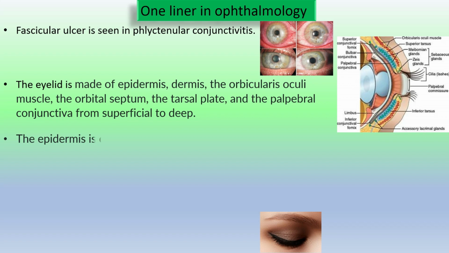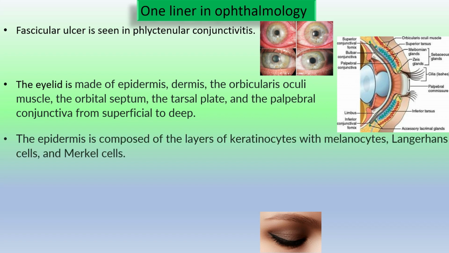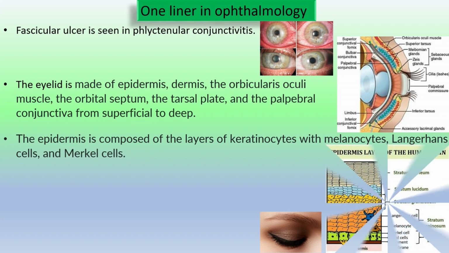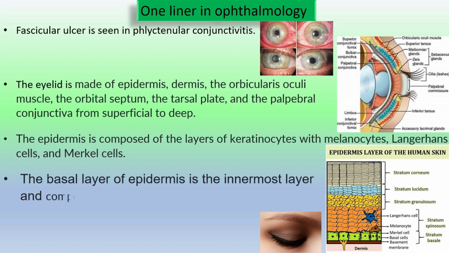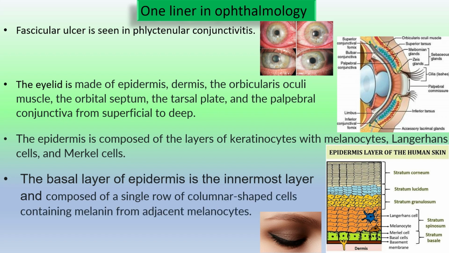The epidermis is composed of the layers keratinocytes with melanocytes, Langerhans cells, and Merkel cells. The basal layer of epidermis is the innermost layer and composed of a single row of columnar-shaped cells containing melanin from adjacent melanocytes.